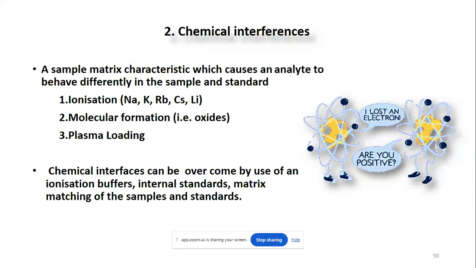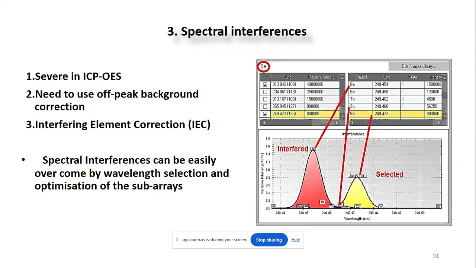These again add some interferences. This is what I said, the spectral interference. For example, this red one is getting interference. You will get this red if it is at 249.